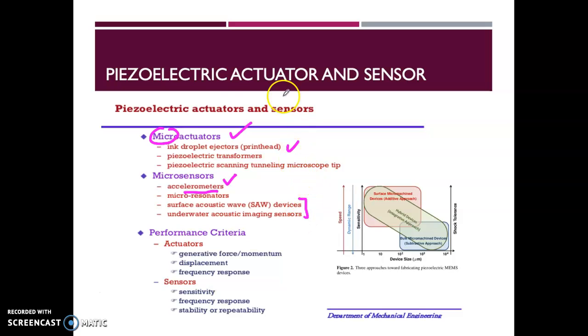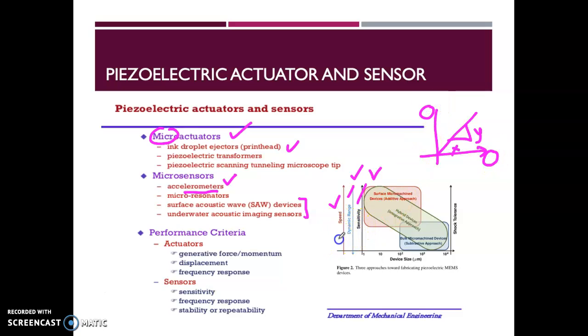So when we are talking about the MEMS micro actuator and the micro sensors, there are three parameters that we need to take into account. One is the speed, another one is the dynamic range, and the sensitivity. So if you recall the last week video, what is the sensitivity? So let's say this is, it will be calculated by the gradient, right? So y over x, depends on what is the input and what is the output.